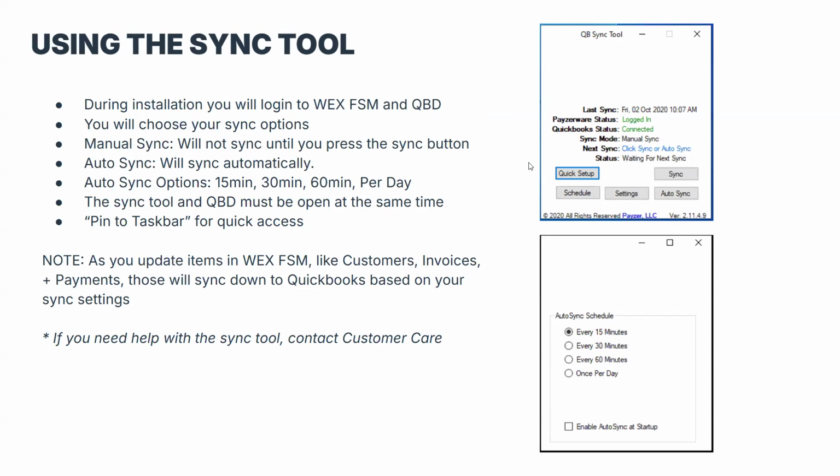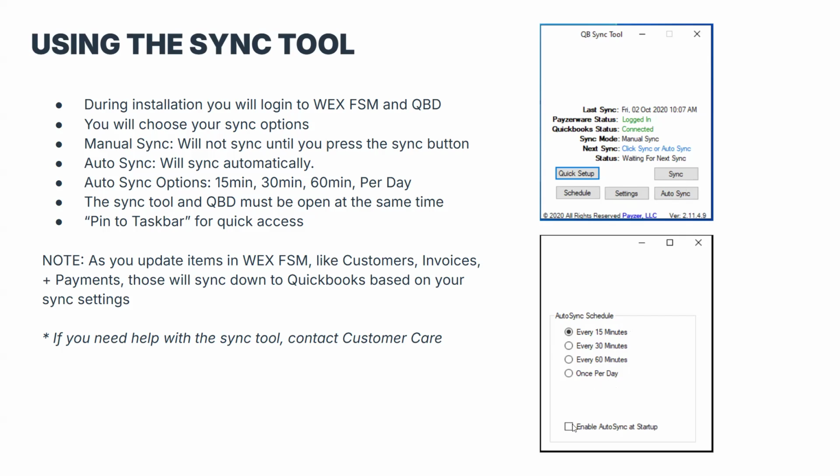Now, using the sync tool for QuickBooks Desktop, once the tool is installed, it will look something like this. And you have a couple options here. You can manually sync with the sync tool by clicking the sync button, or you can set auto sync. And by going to your settings, you can go to the auto sync schedule and choose to sync automatically every 15 minutes, 30 minutes, 60 minutes, or once per day.